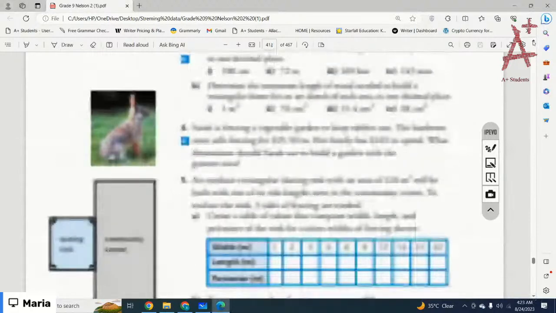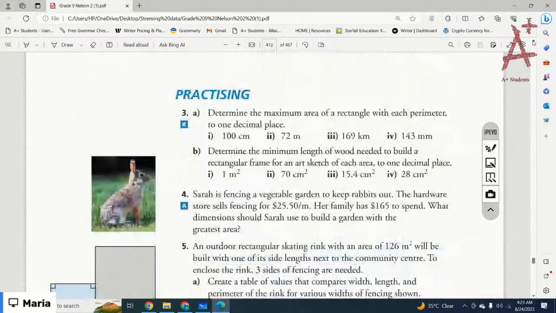Okay, we'll start with question number 3. Determine the maximum area of a rectangle with each perimeter to one decimal place.